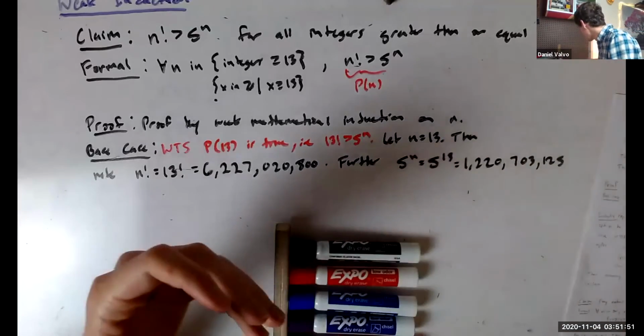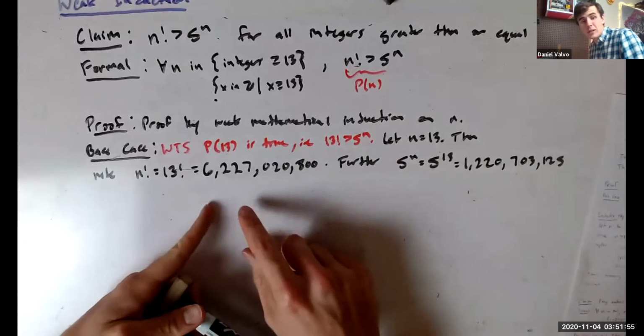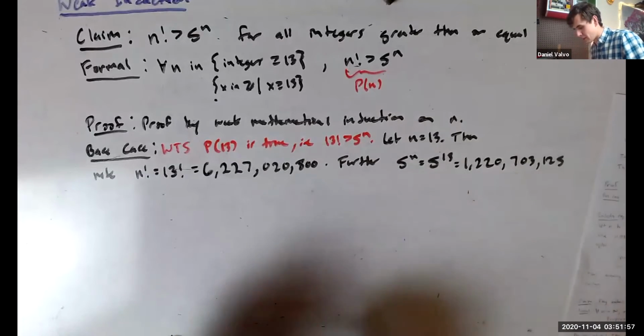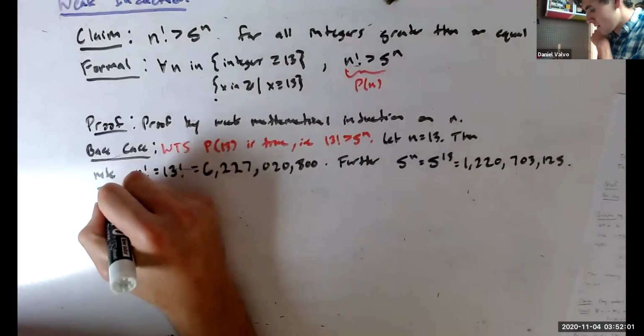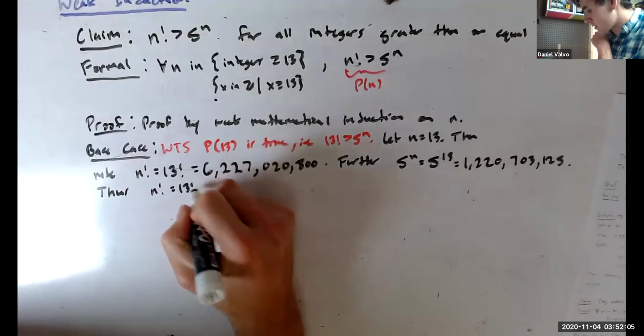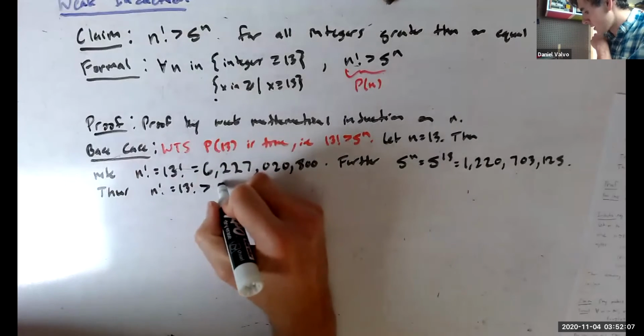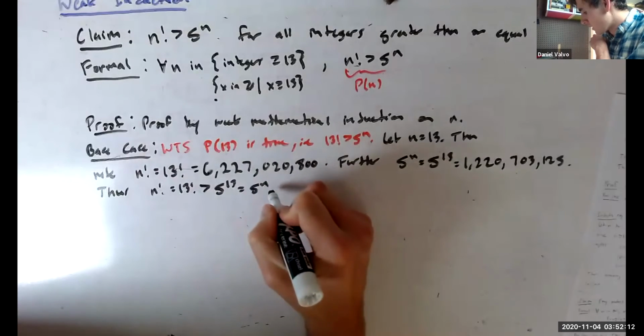The point being, just checking 5 to the 13 and 13 factorial, we see 13 factorial is in fact bigger than 5 to the 13. Thus, n factorial, which equals 13 factorial, is in fact bigger than 5 to the 13, which equals 5 to the n.